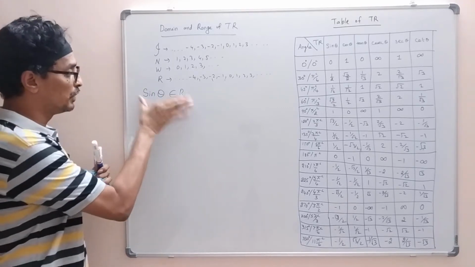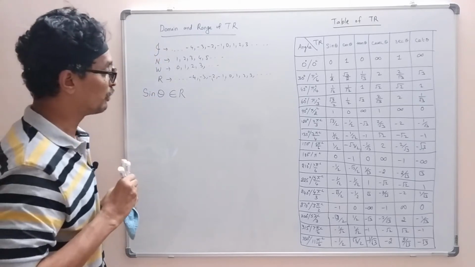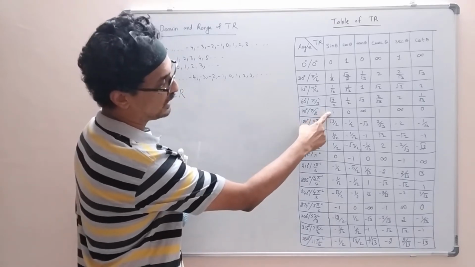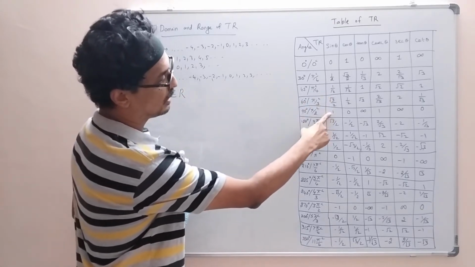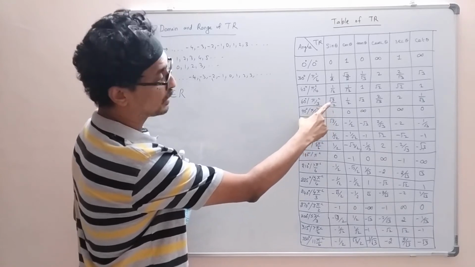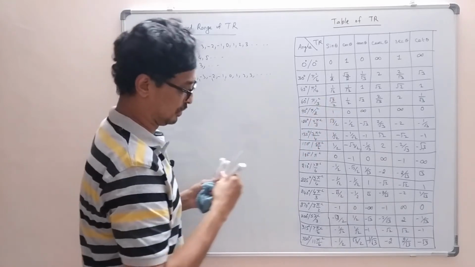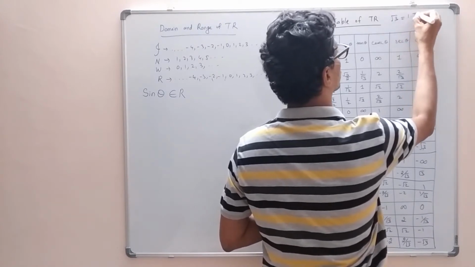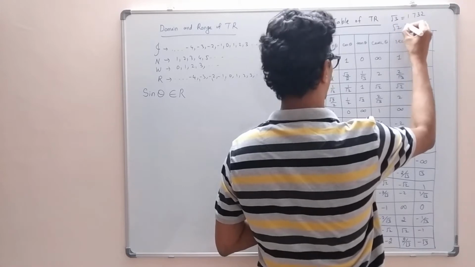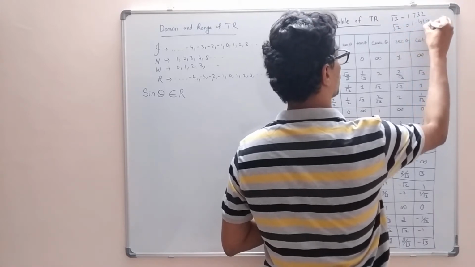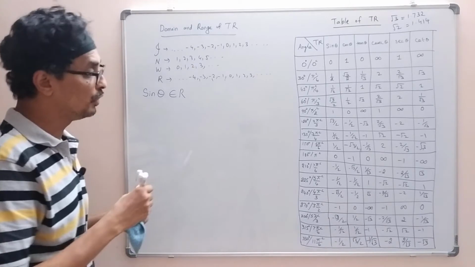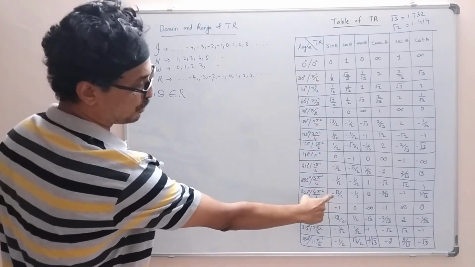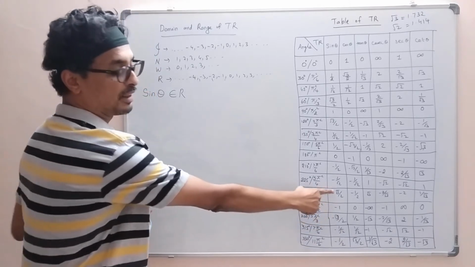So this gives you the domain: it is an element of R. And what is the range? What is the maximum value of sin theta? 1, correct? These values will all be less than 1, because root 3 is 1.732 over 2 and root 2 is 1.414 over 2, typically. So this is all less than 1, and on the other side, the range is -1, because this is all greater than -1.